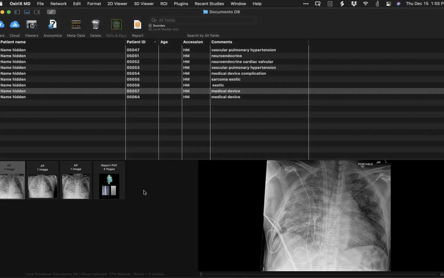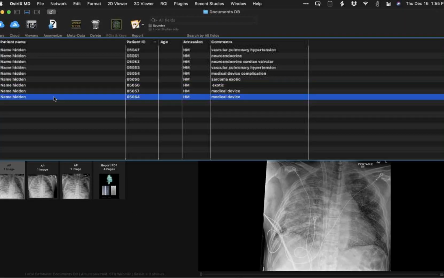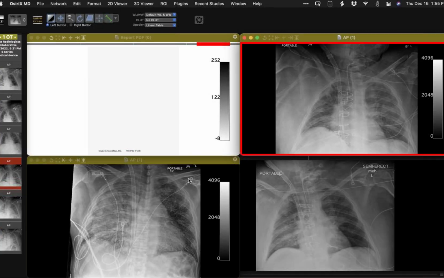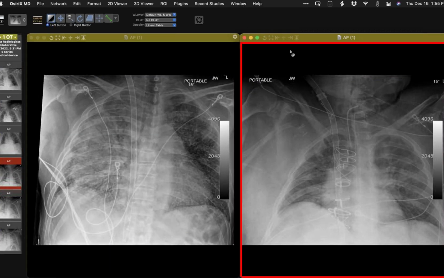So let me X out of that, and now show you a couple images. I've got 2 cases. Let me just show the other one.